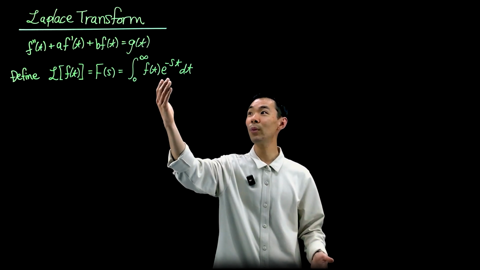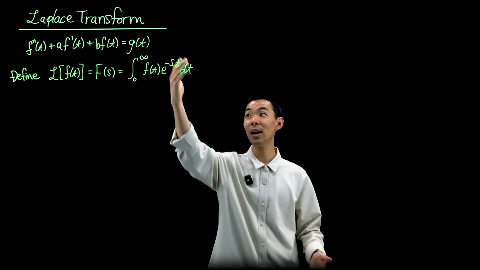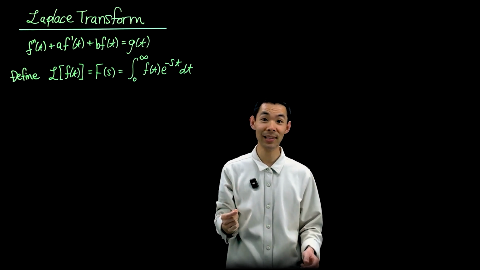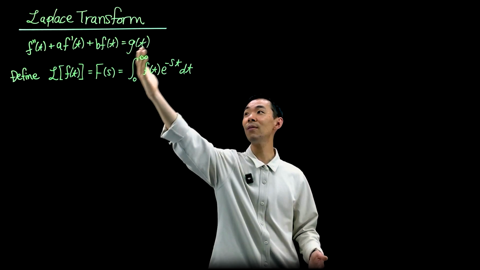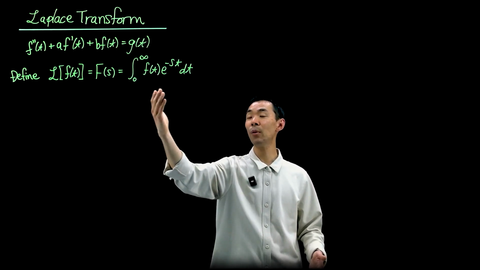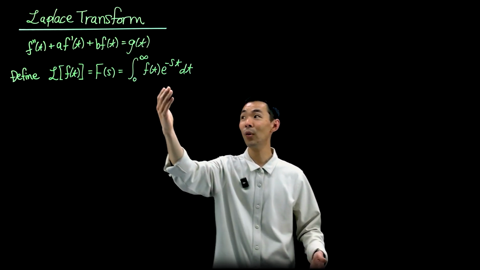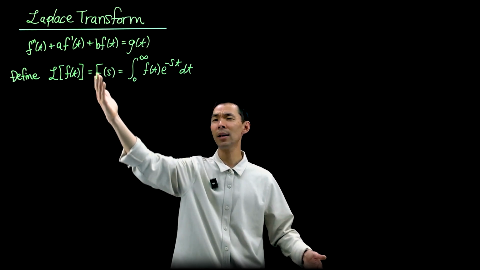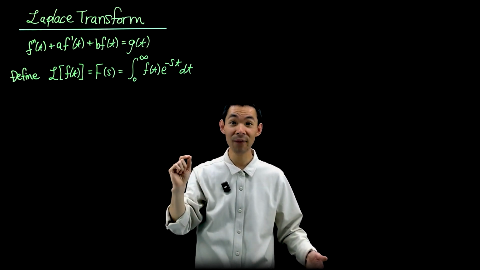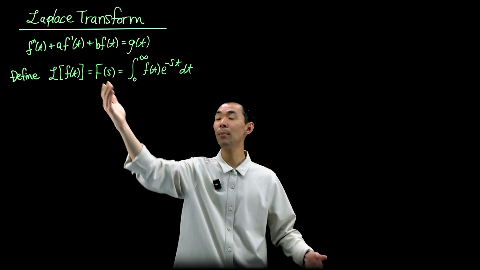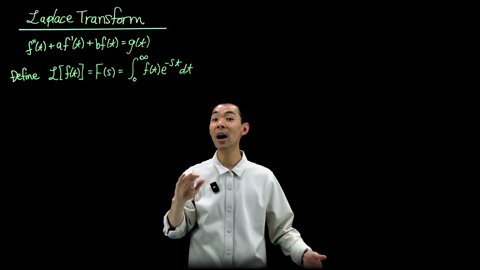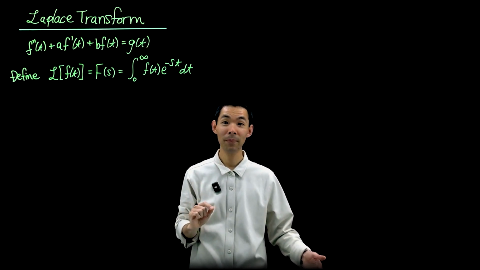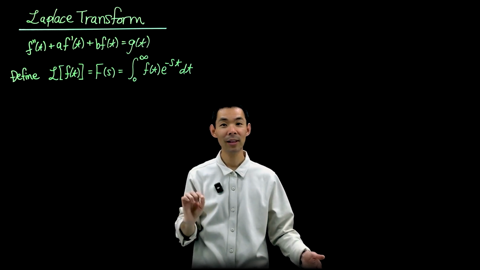And all we're left with is some function of the variable s, right? S is the only variable left over after performing this integral. And therefore, it's written over here as some other function, capital F, of the variable s. To be clear, capital F is not a function of time anymore. Time is gone. Let's write that down.